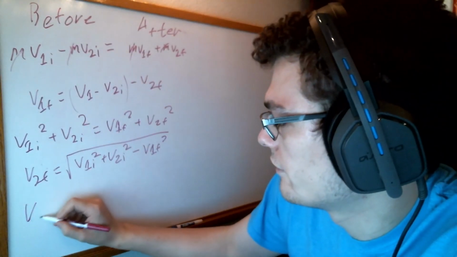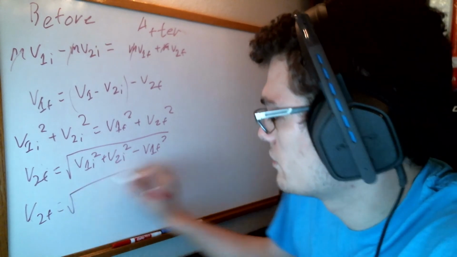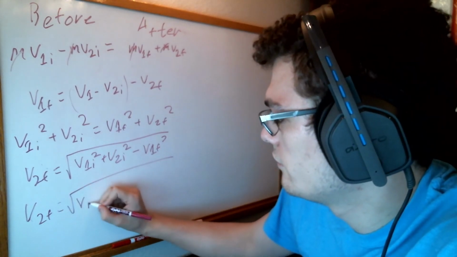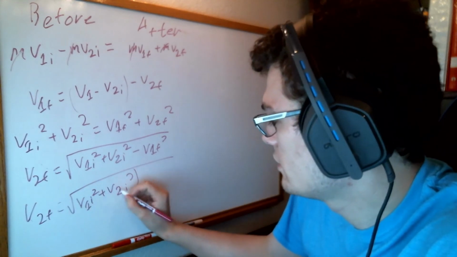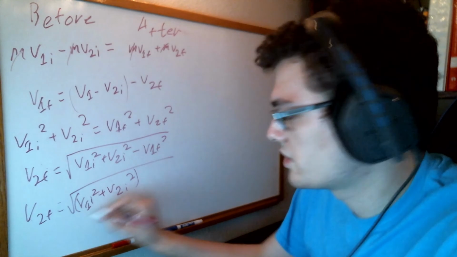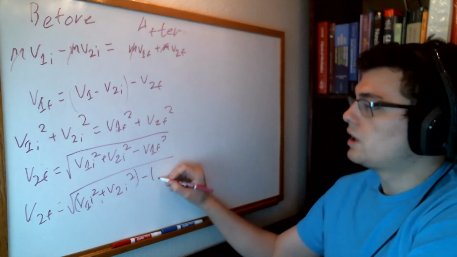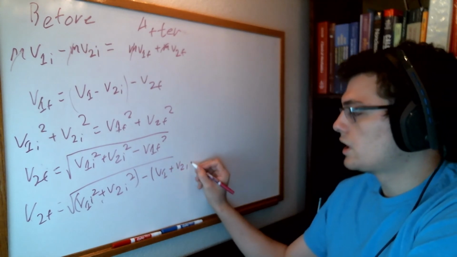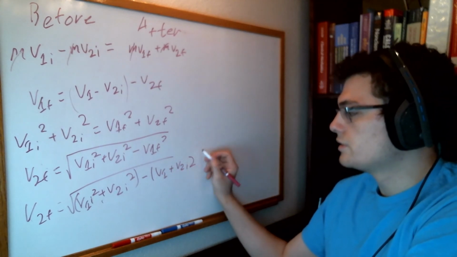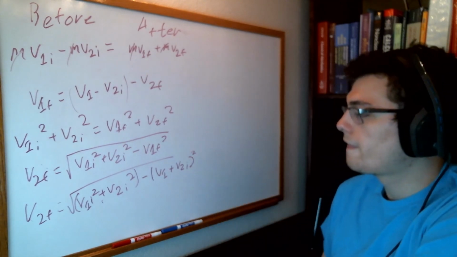So then we're going to have V2F is equal to the square root of V1I squared plus V2I squared. And I'm going to put parentheses around them because we know what this is. And so then we have minus V1I plus V2I, and this is going to be squared.